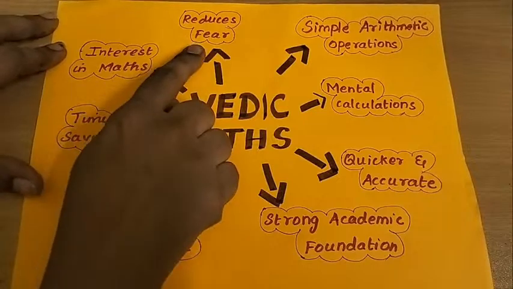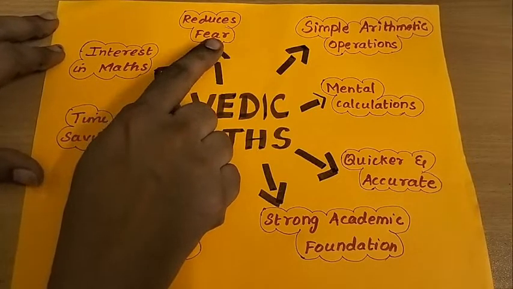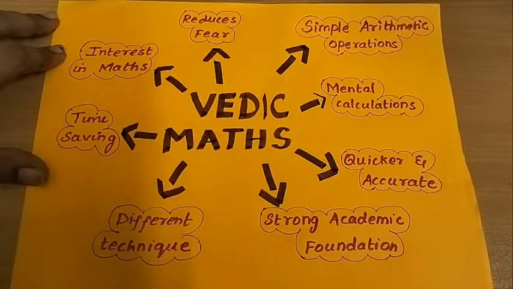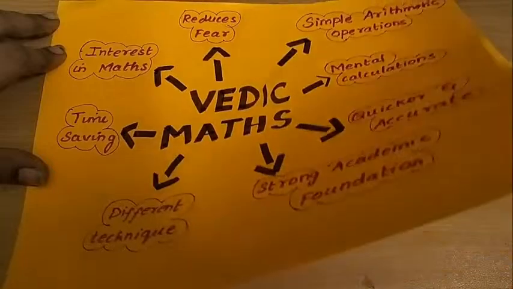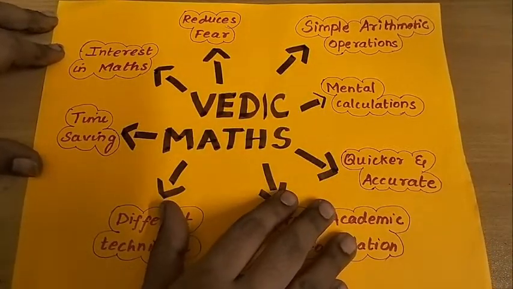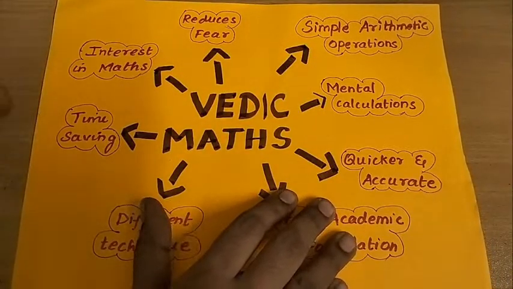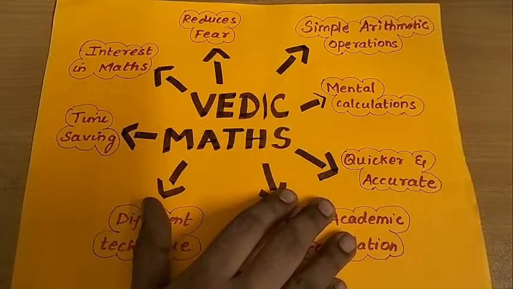Next, it reduces the fear. It is the main thing we have now. Okay, it is the main impact which destroys the mindset of the students, in which they say I don't like maths, I don't want maths, like that. There'll be several reasons they won't select maths groups, but the main thing is fear. With the fear itself, they won't enter into the category of maths.